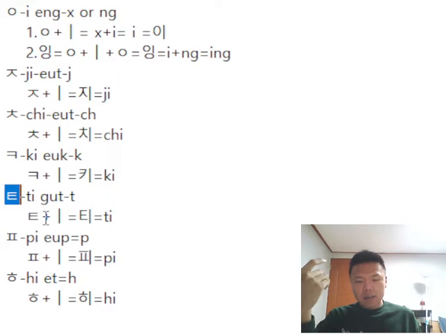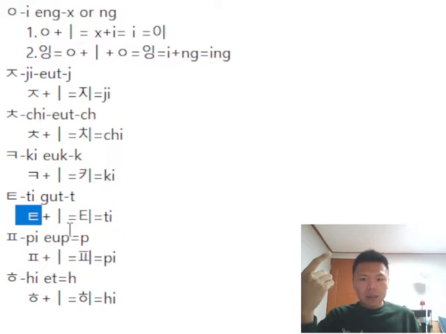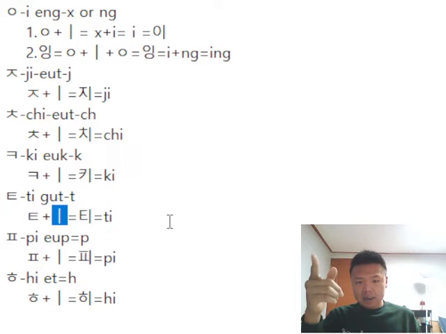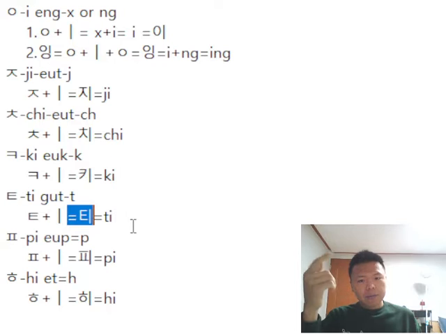And then this is 티읕. This is a T. So 티읕 plus 이 equals 티.